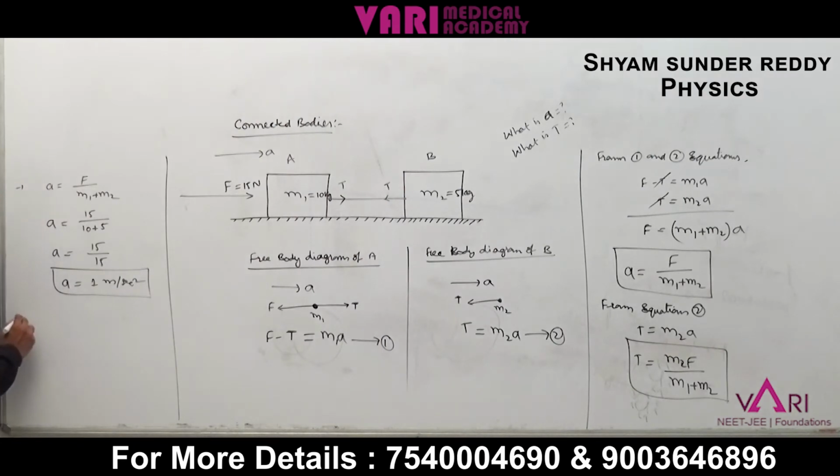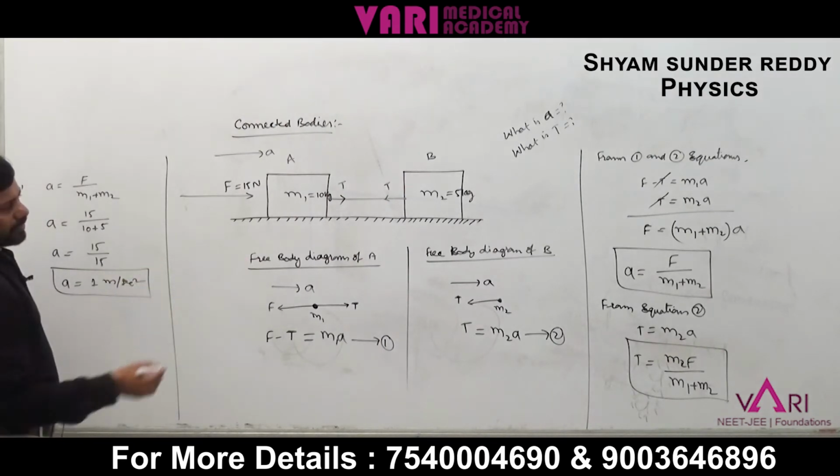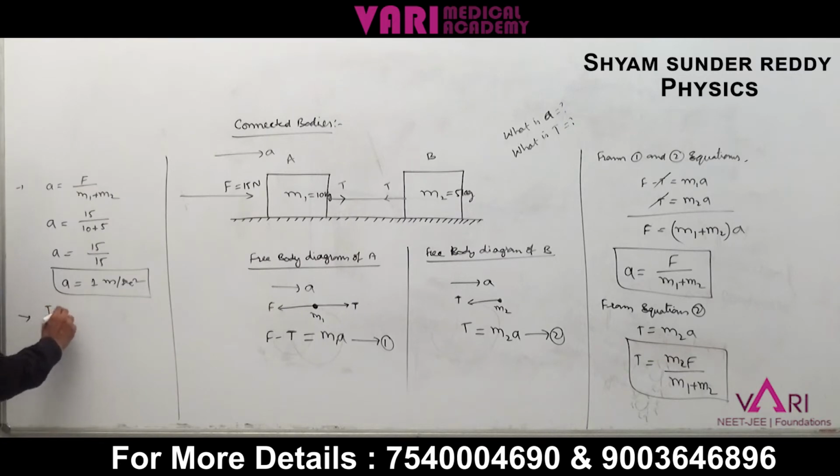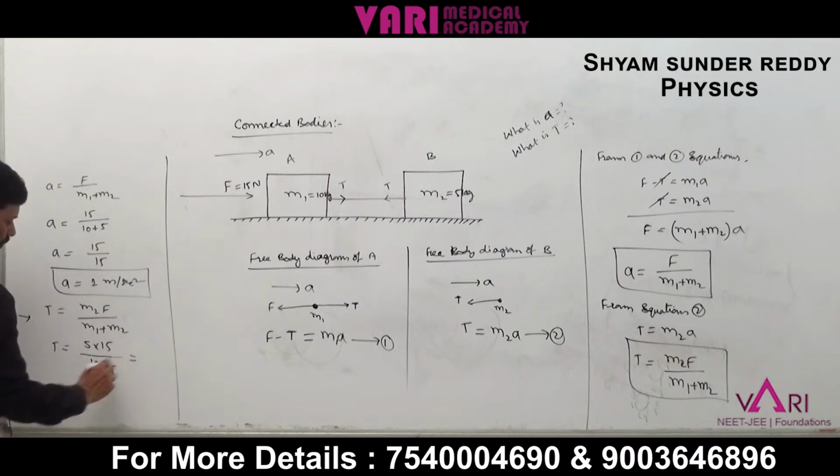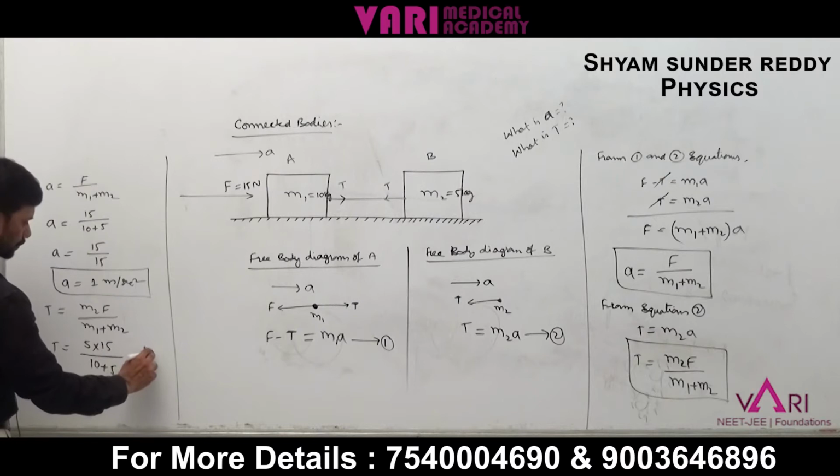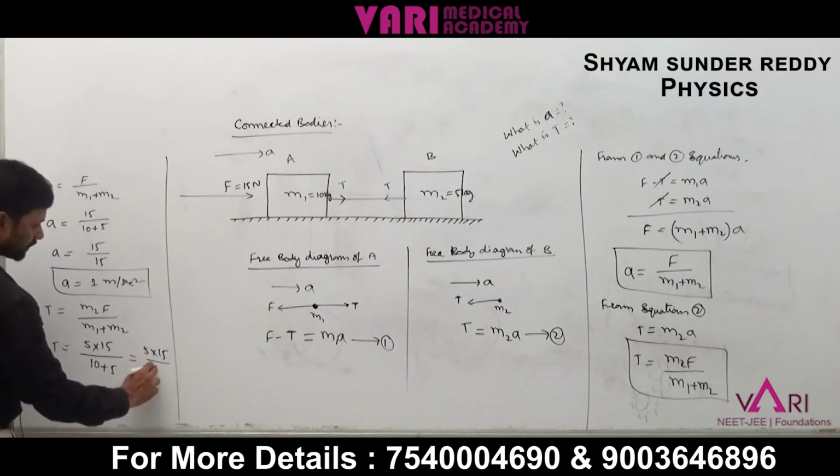Similarly, the tension formula we have: T is equal to M2F by M1 plus M2. So T is equal to M2 is 5 and F is 15, divided by 10 plus 5. What can we get? 5 into 15 by 15.